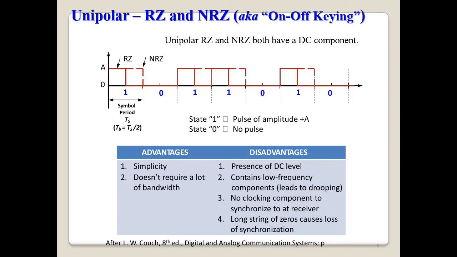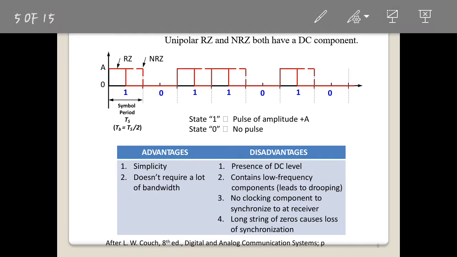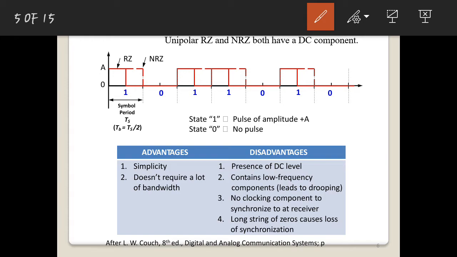First we will start off with unipolar. The other name for unipolar is on-off keying. We all know that an NRZ pulse will occupy the full time period TB and RZ will occupy half the time period. In a unipolar pulse, positive bit 1 is plus A and bit 0 is no pulse.